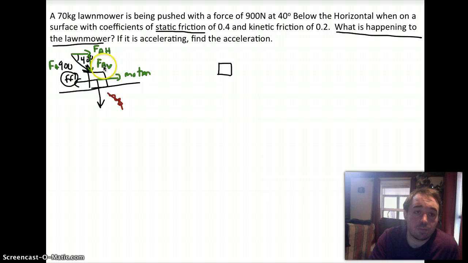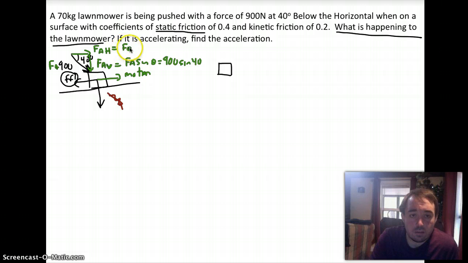Horizontal applied force, vertical applied force. So the vertical applied force in this case is going to be FA sine of the angle, so in this case 900 sine 40, and the FA horizontal is going to be FA cosine of the angle, so 900 cosine 40.